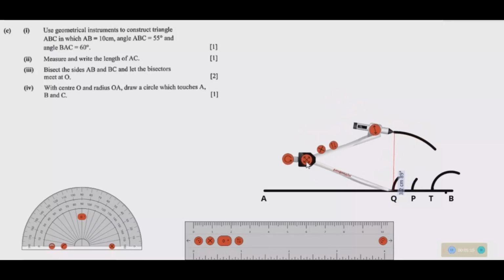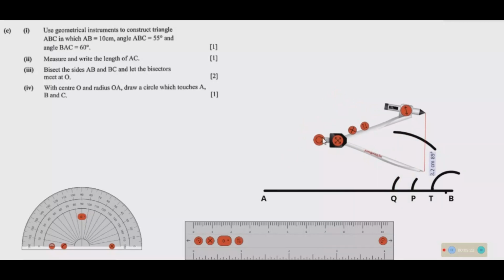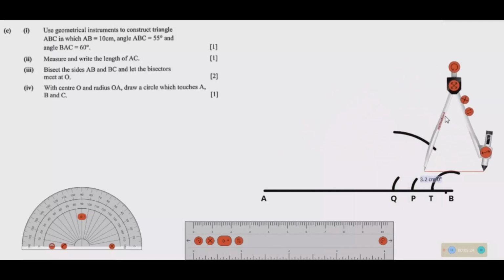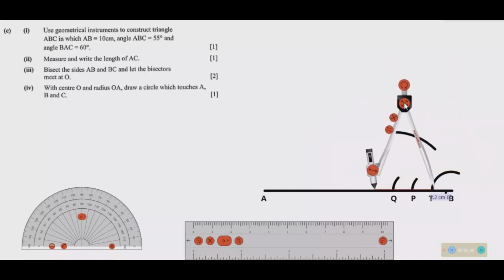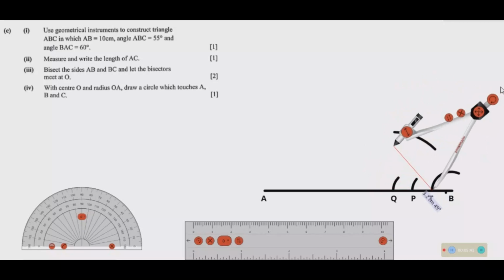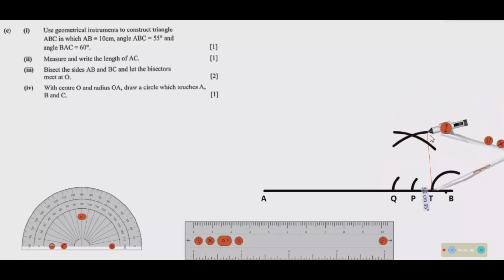Now the next thing I'm going to do is get my compass and put it here on T. I'm going to put it on T, not on B, but on T. There I'm going to construct the arc too. Thank God that it is crossing the other arc like that.